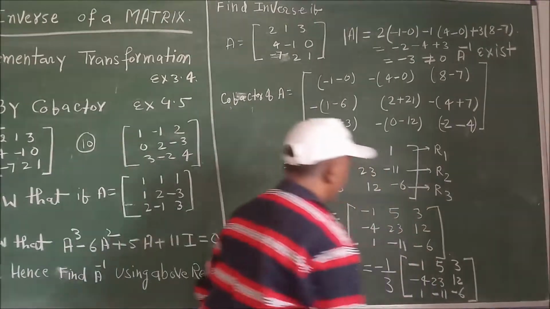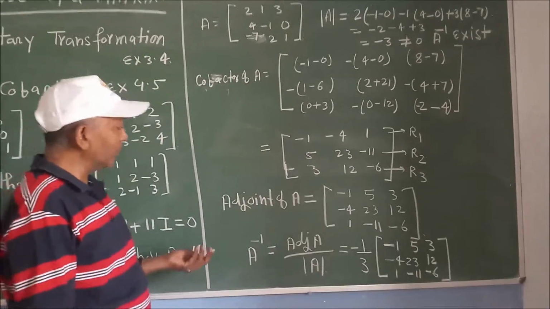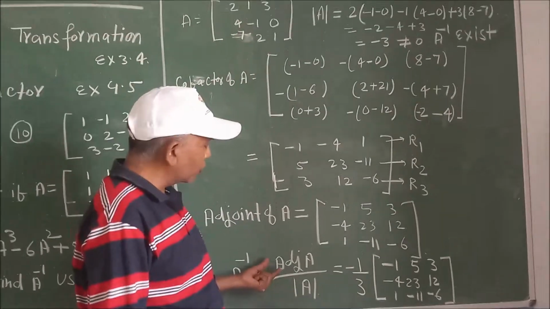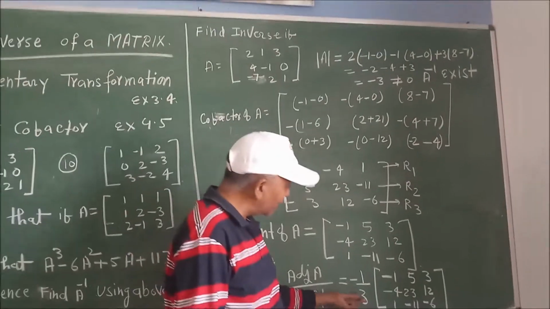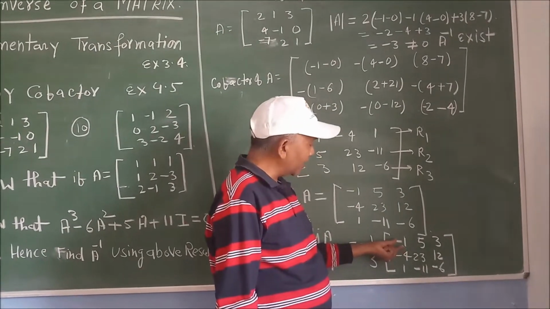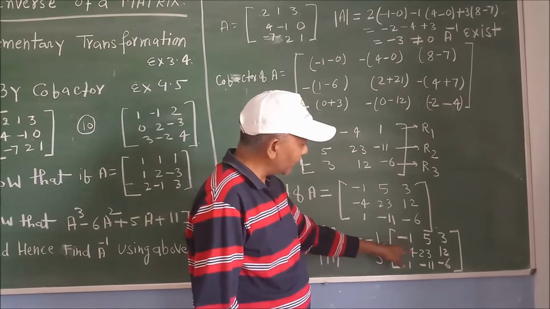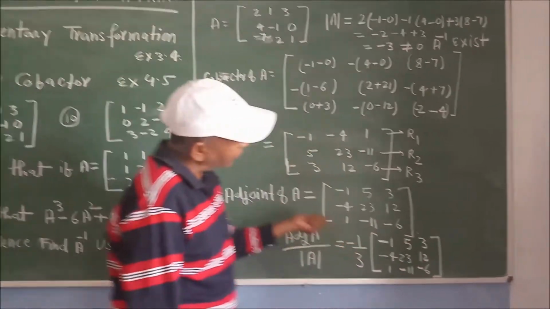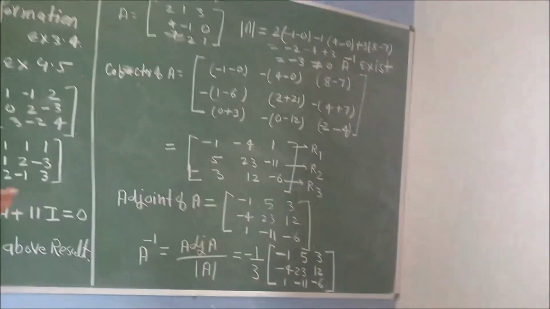This is the solution of the question. Simply divide adjoint A by determinant A. For checking purposes, you can also bring this minus 3 inside the matrix, so this will become 1 by 3, 5 by 3 and so on. But if you write it like this, this is also a correct way to show your answer.